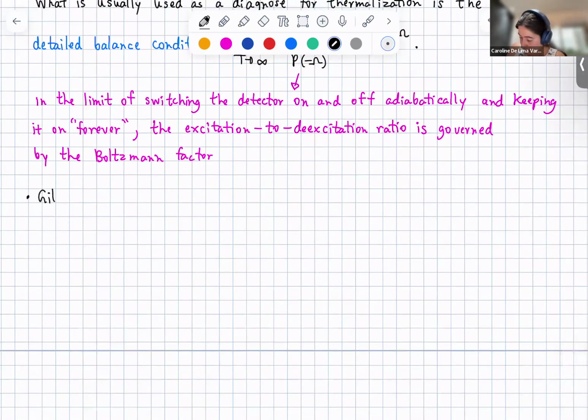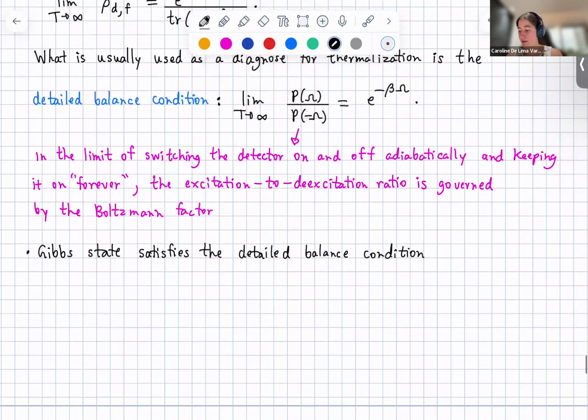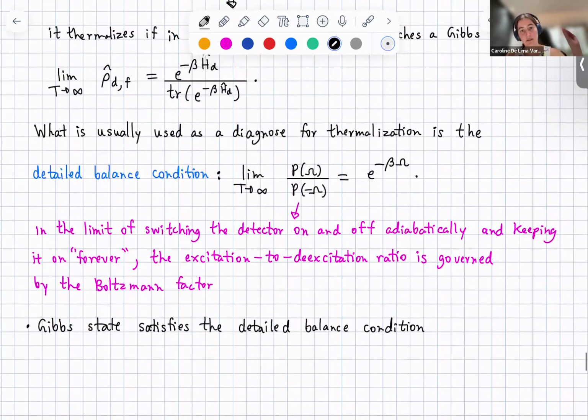The Gibbs state satisfies the detailed balance condition, obviously, because this is just talking about the relation between the diagonal terms.